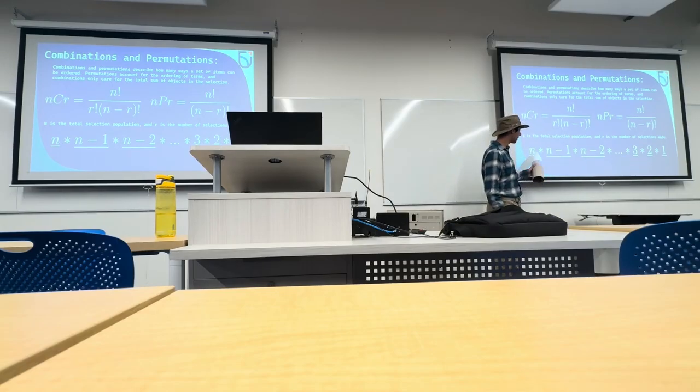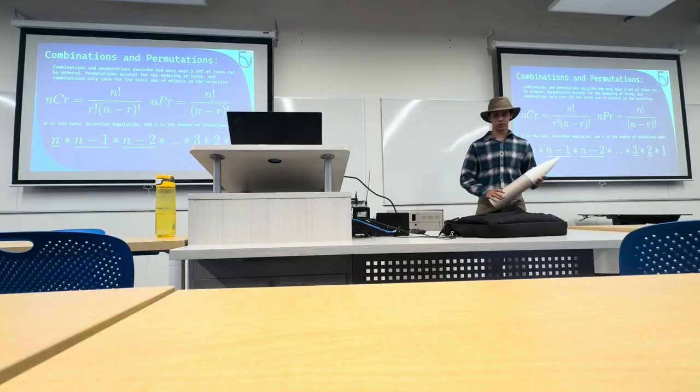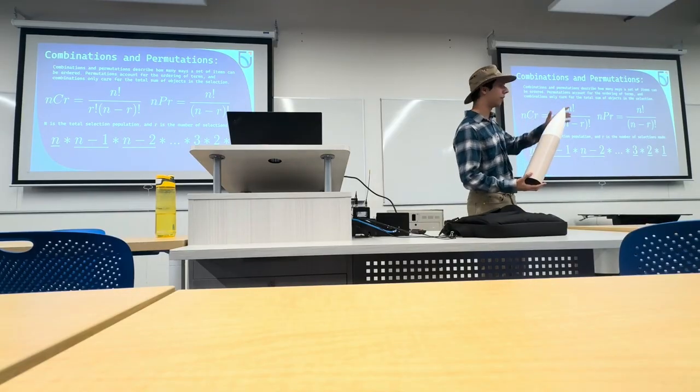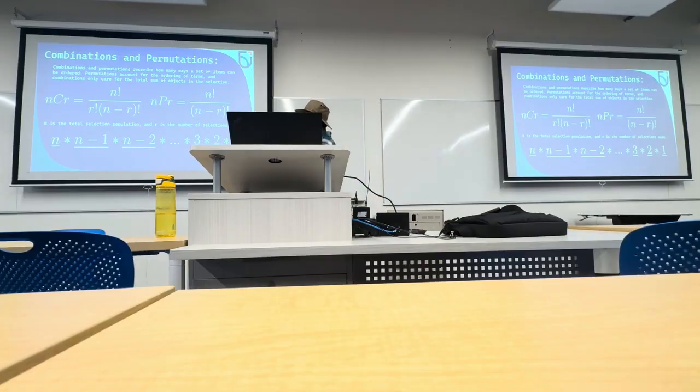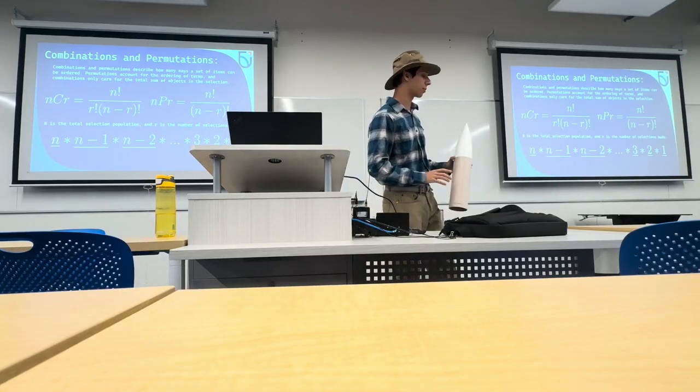We have n, n minus 1, n minus 2, and so forth, all the way down to 3, 2, 1. Now let's say we only wanted to go to 4, so we don't want this 3, 2, 1 here. We want to pick n minus r objects. We're going to divide this by 3 factorial. That just gets rid of those last 3 terms, so that's where the permutation formula comes from.